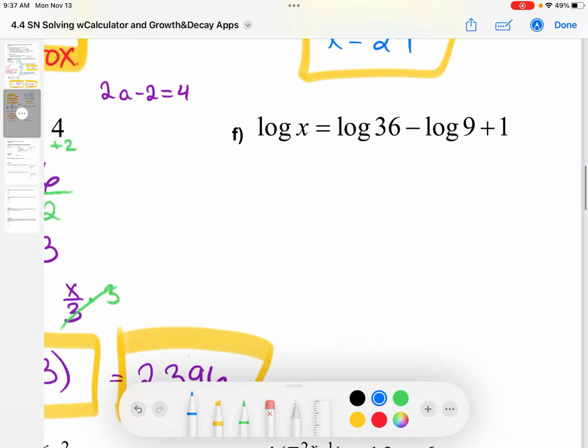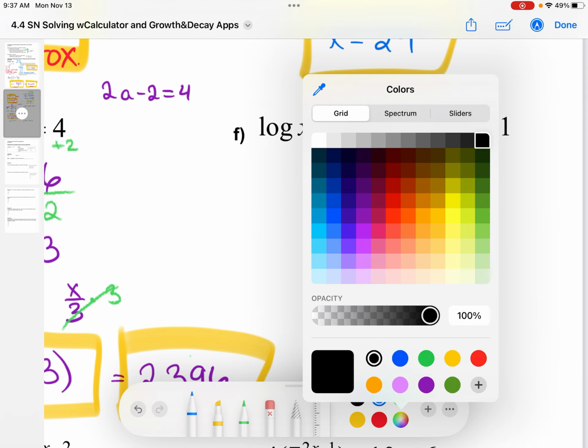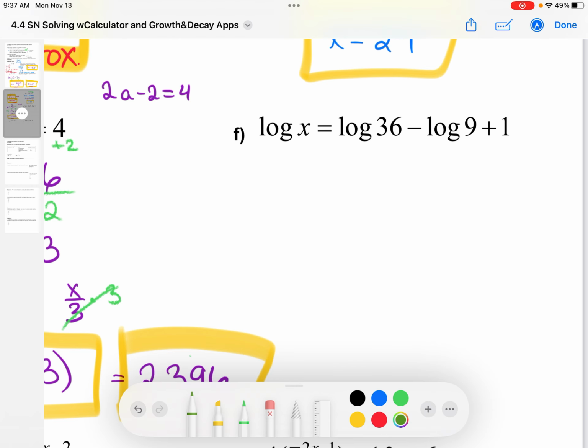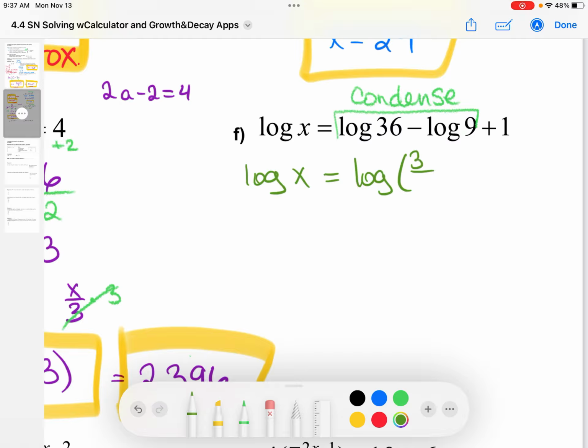So look at F. We have a bunch going on in problem F. We've got logs on both sides, and we've got some other terms there as well. So we are going to condense these two logs. So we will have log of x equal to log of, these terms are being subtracted, so when we condense that into a single log, they condense by dividing, and that plus 1 is still on the outside.